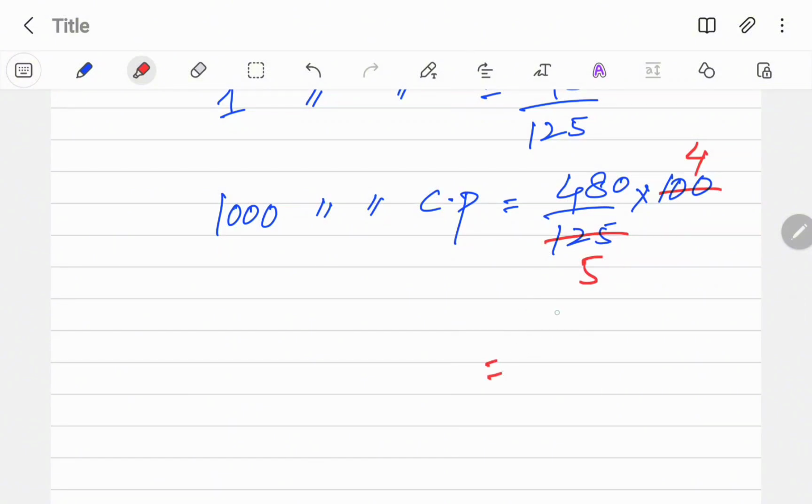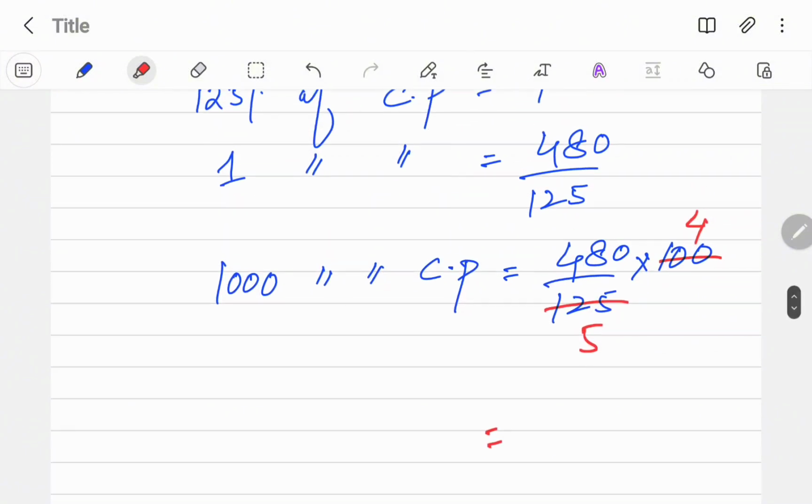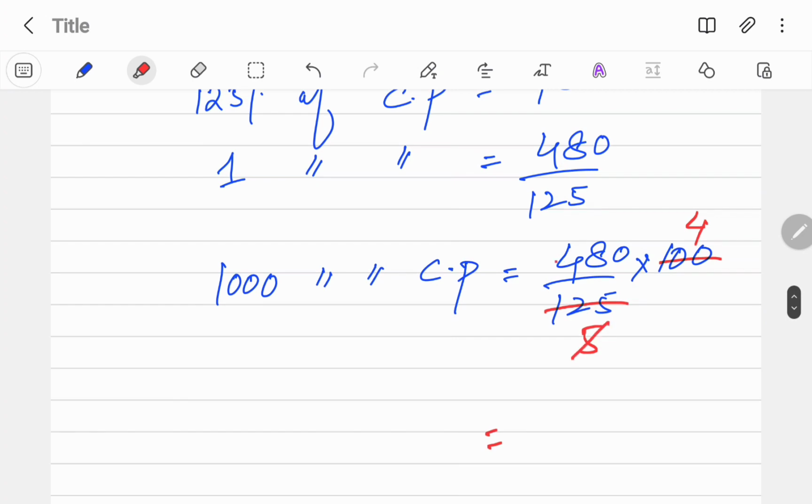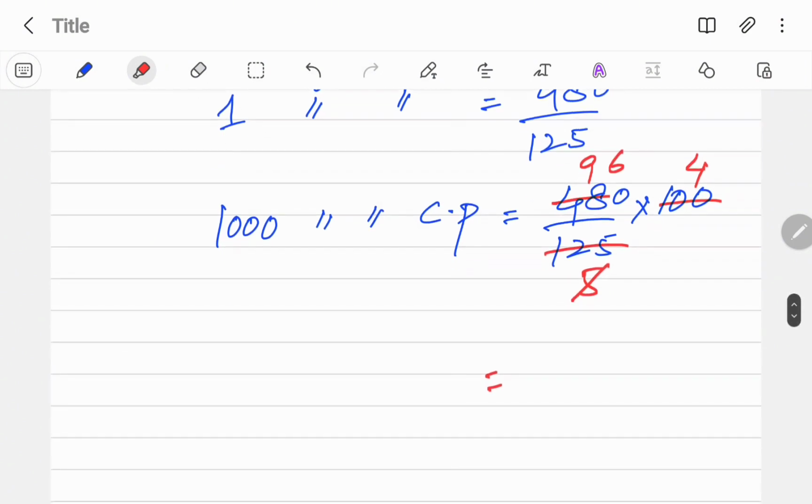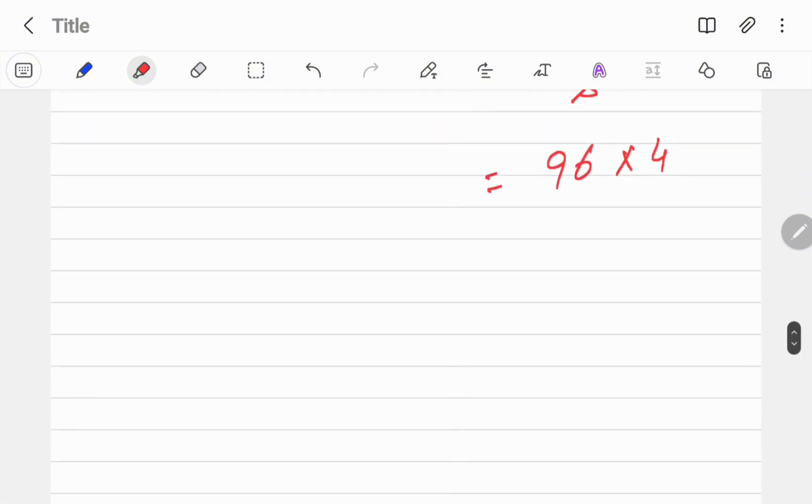Next again, 5 ones are 5, 5 nines are 45, and 5 sixes are 30. 96 into 4, it is going to be 384 PKR.